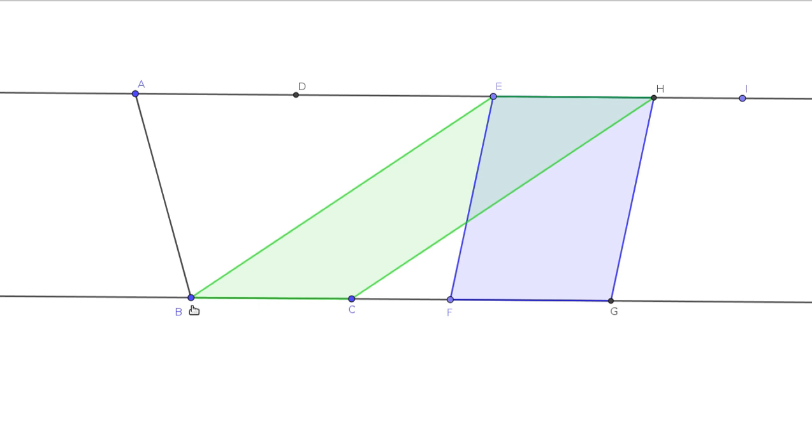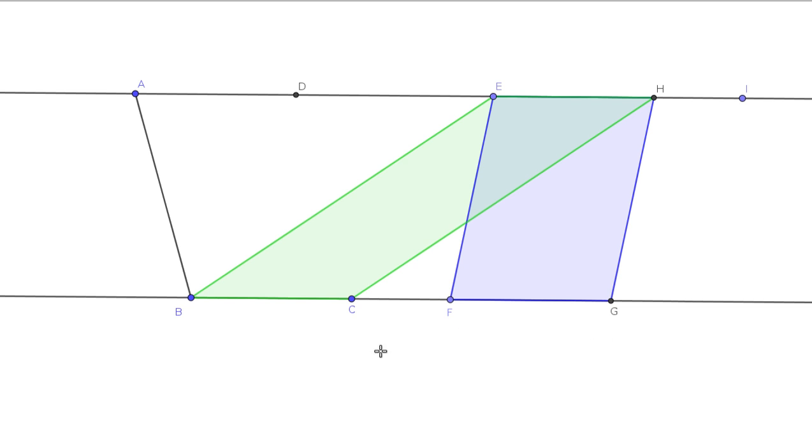And so our segment BC plus CF is going to be congruent to our segment CF plus FG, and that's going to be by common notion 2. And so what that gives us is that our segment BF is going to be congruent to our segment CG.